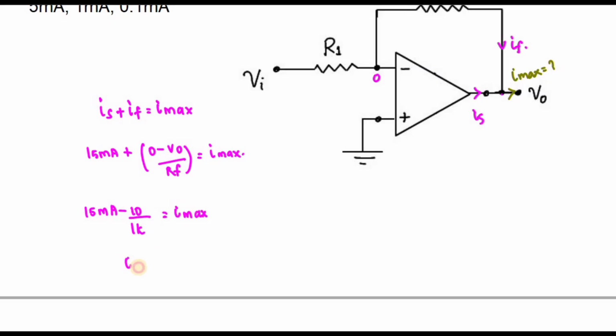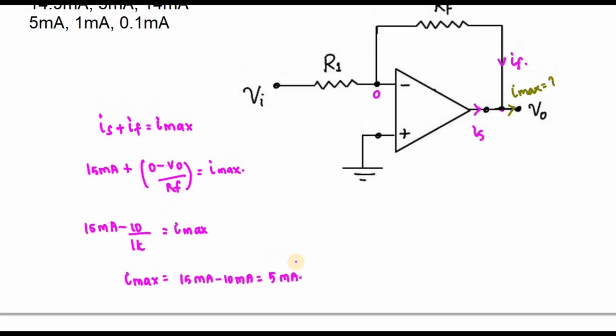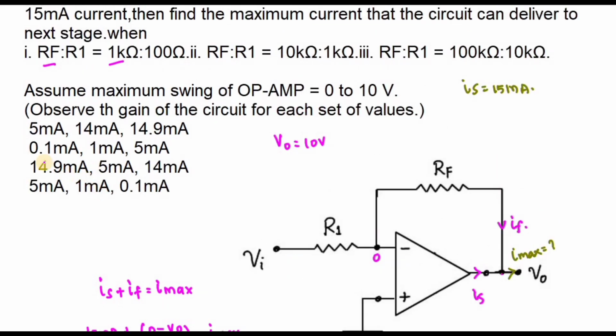This is what I am supposed to find. So Imax is equal to 15 milliamps minus 1 divided by 1K in milliamps, so this is nothing but 15 milliamps minus 10 milliamps, which is nothing but 5 milliamps. That is your answer. The first answer is 5 milliamps. So the option will be either A or D, right?